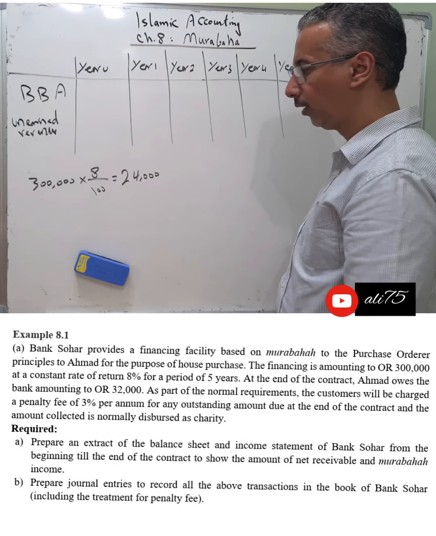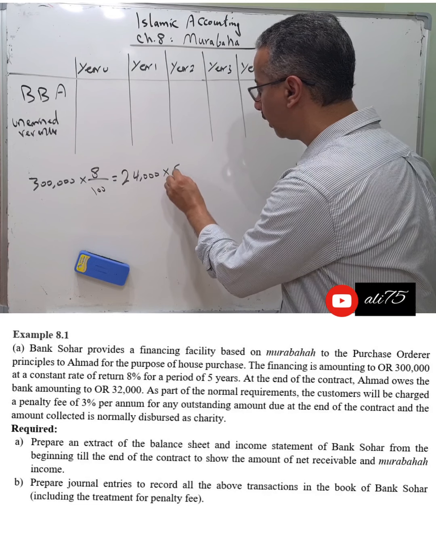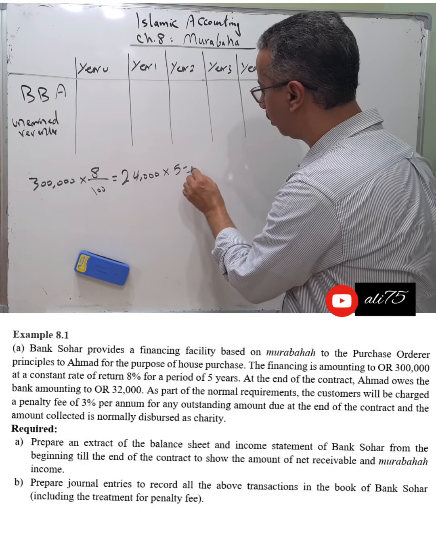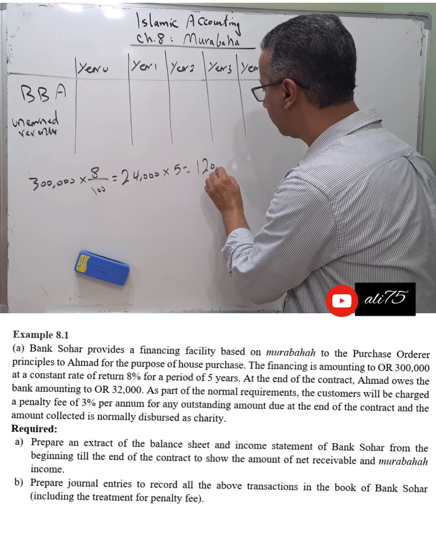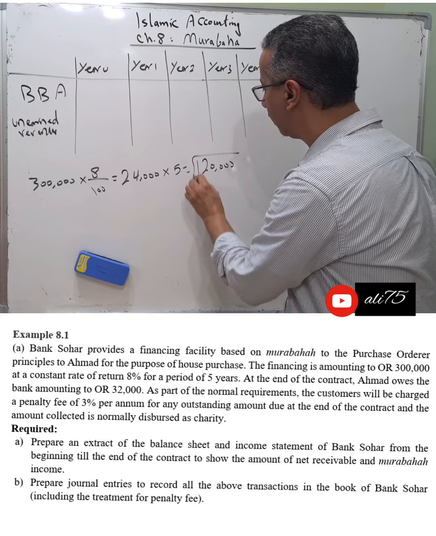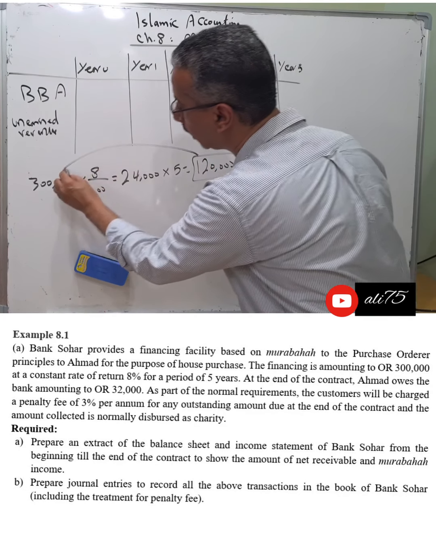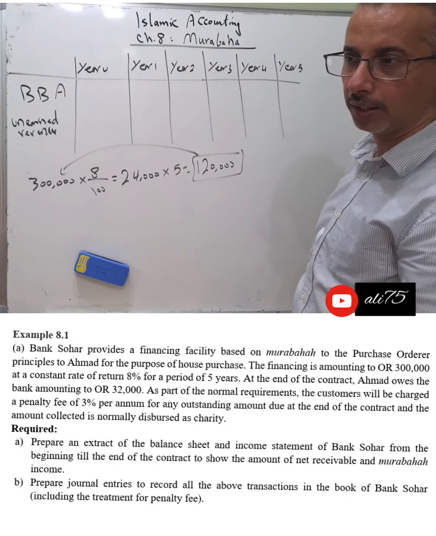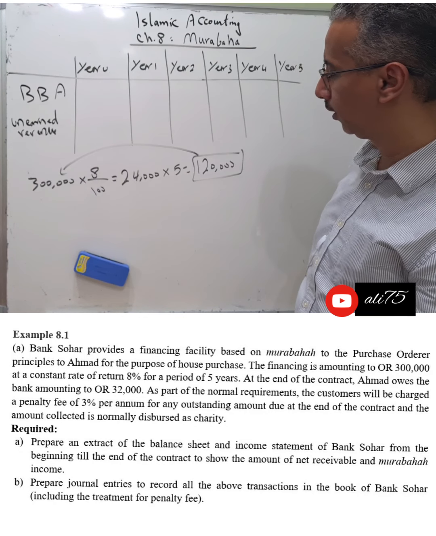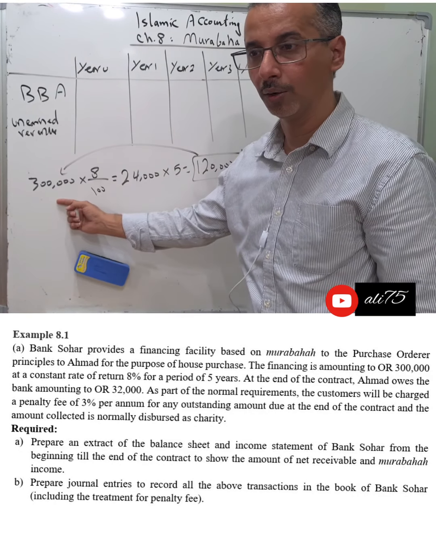For how many years? For 5 years. It will be 120,000. This is the amount that will be added to the real price or the cost of the asset or the house.